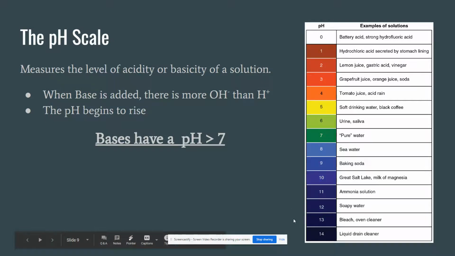And so the higher the pH gets, the more basic the solution is. When we look at something like drain cleaner, like Drano, we are all the way at like 14, versus something like soapy water, which is anywhere between 8 and 12, depending on what kind of soapy water you have. So bases are anything with a pH of 7 or greater.